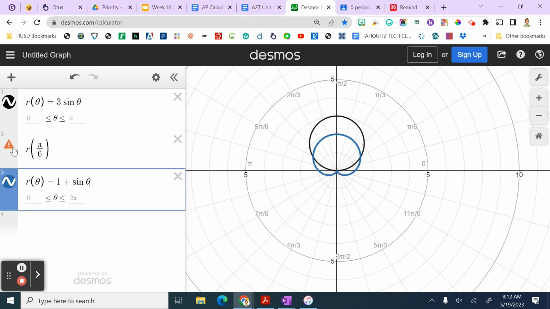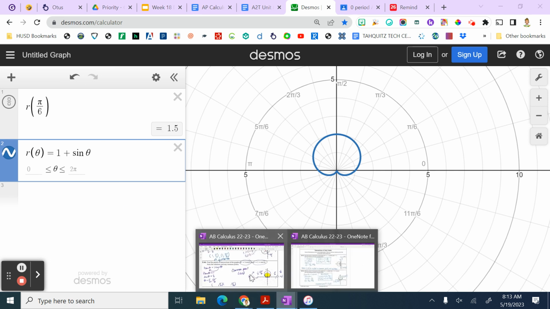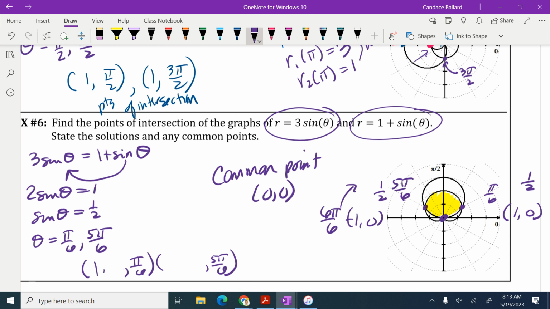Now it doesn't like that because I've got too many. We said that this one was 1.5, right? Let's cross that out. Look at what happened when I took that away. I got 1.5 again for this r. So both of them are 1.5, and this should mirror that on the other side, 1.5.